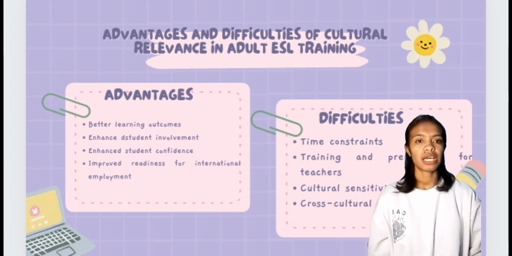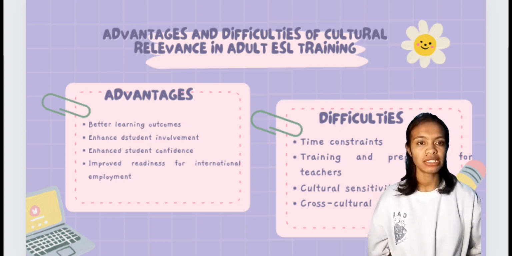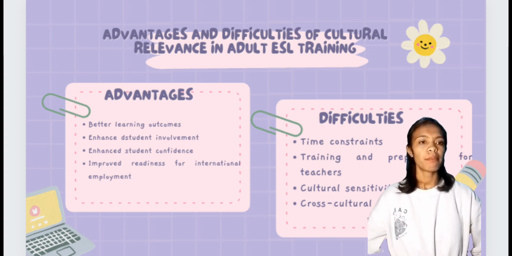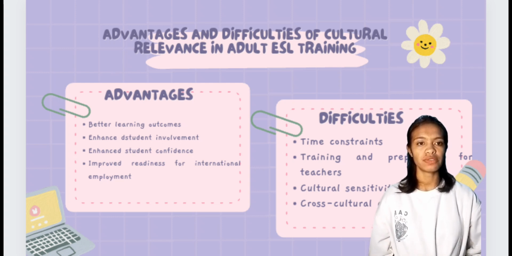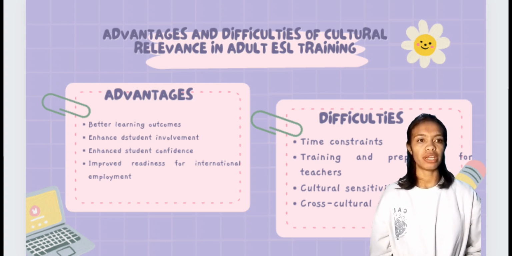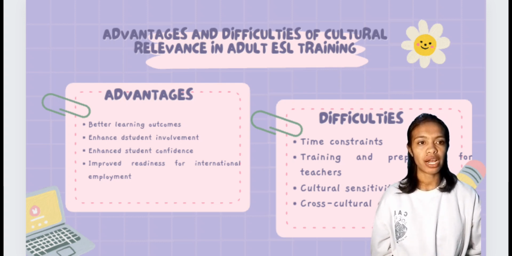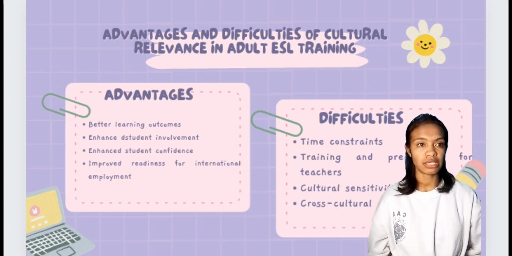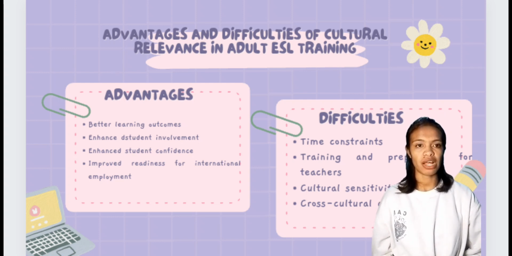The third, enhanced student confidence. By offering students a more accommodating and inclusive learning environment that caters to their individual needs and cultural identities, the integration of cultural relevance can contribute to the development of student self-assurance.